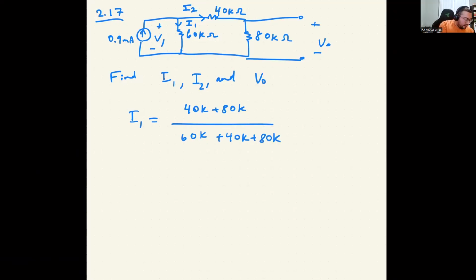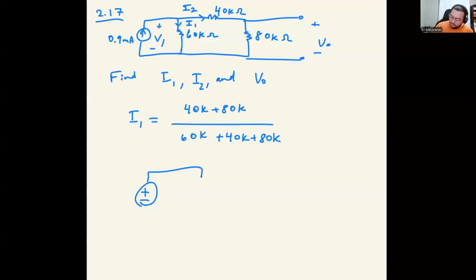It looks like they don't really give the general form of the current divider, which is kind of annoying. It's almost like the opposite of the voltage divider. For the voltage divider, we usually have two resistances in series and a voltage source, and this is called the output voltage.